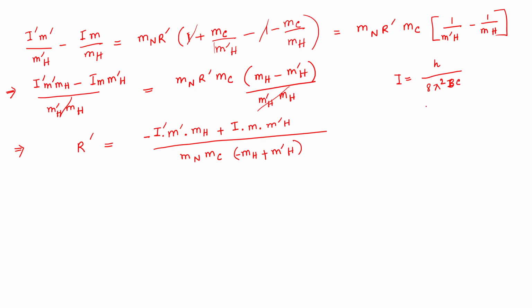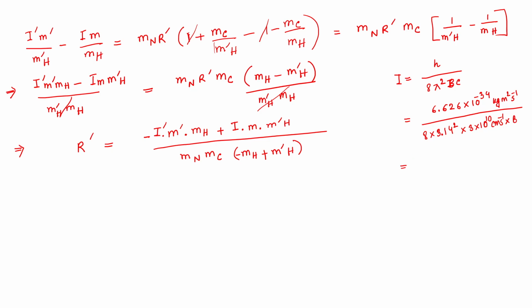B is given, so I know what the value is going to be. Let me calculate once. 6.626 into 10 to the power minus 34 kg meter square second inverse, divided by 8 into 3.14 square into 3 into 10 to the power 10 meter second inverse into B, right?